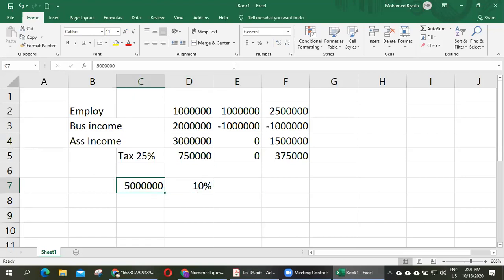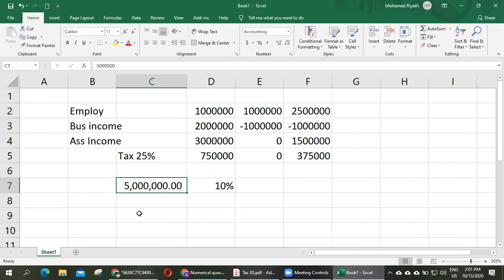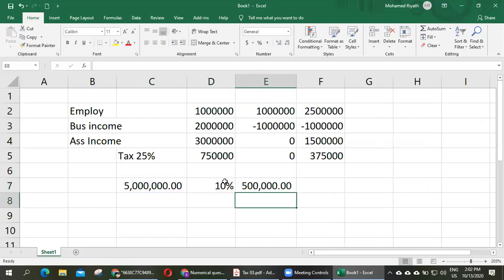You put 5 million into the bank, and the bank pays 10% interest. How much will you receive as interest income for that year? 500,000, right? So will the bank pay exactly 500,000 to you, or do they deduct some amount? Do they deduct some sort of amount, or will they give you the full amount?